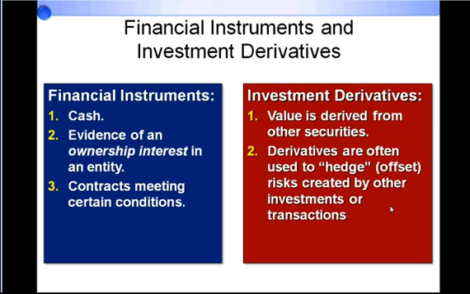So that's not the best thing. But on the flip side, when you have a loss on your core investment, which could be a big loss, you're going to have a gain on your derivative. It's not going to be enough to offset it completely, but it's going to be enough to hedge against it. So the big reason for derivatives is to hedge, to offset some of the risk that you're incurring with your normal investments.